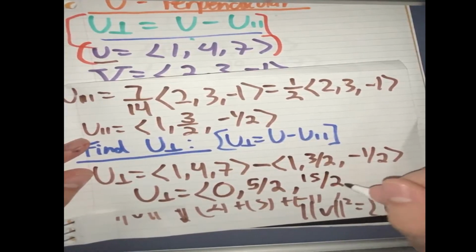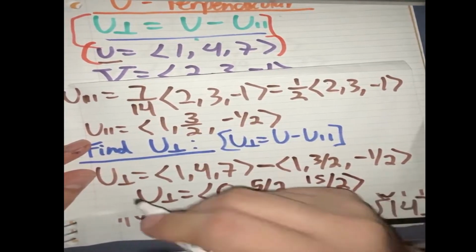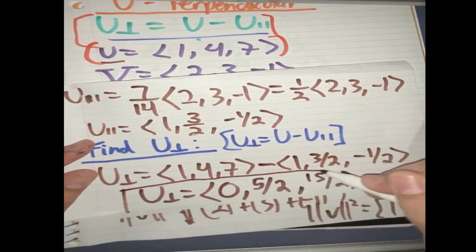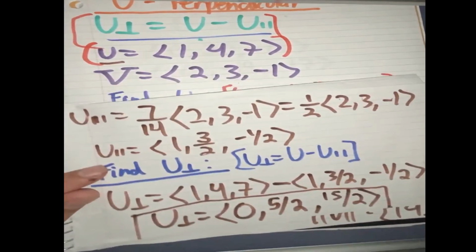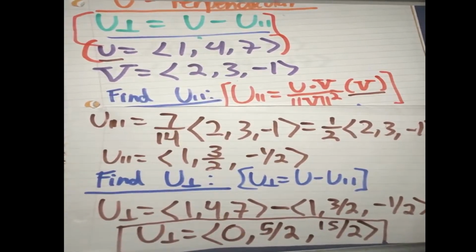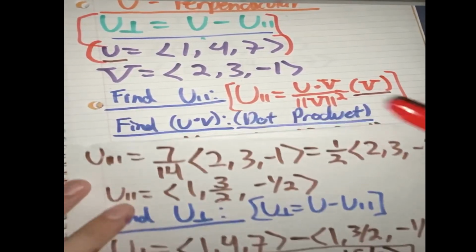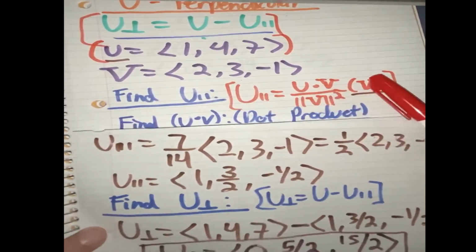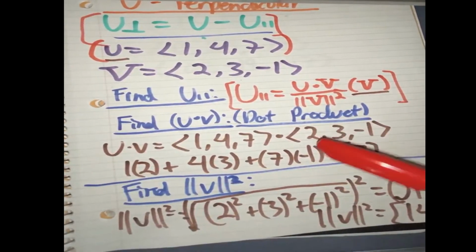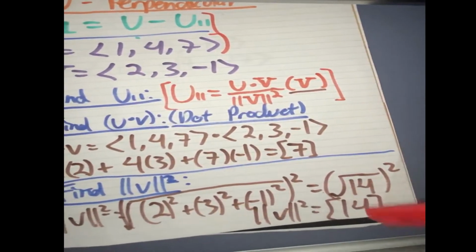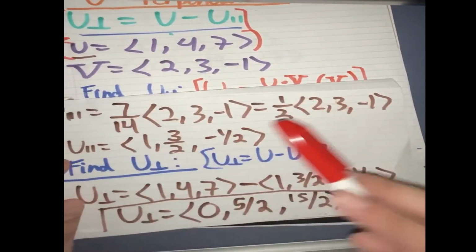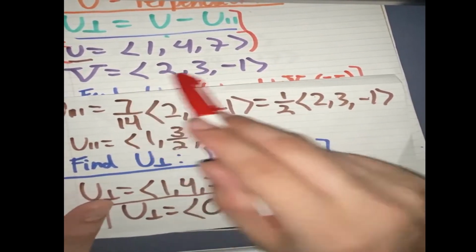Be careful with the sign convention, but this is basically how you take a parallel vector or a perpendicular vector. First we have to find the u parallel, which you do by applying this formula. We dotted the two vectors, then we find the magnitude of v squared, then we distribute it with our vector v.